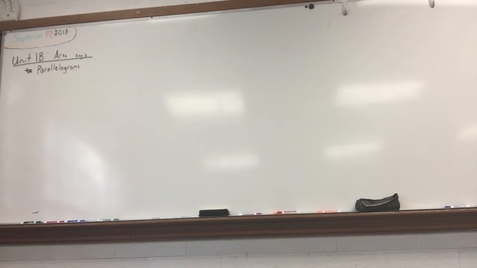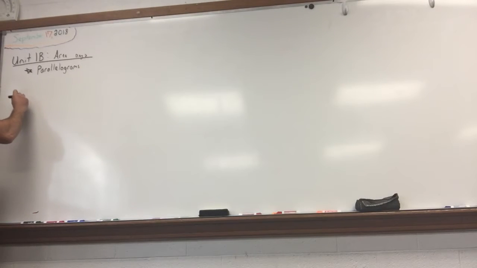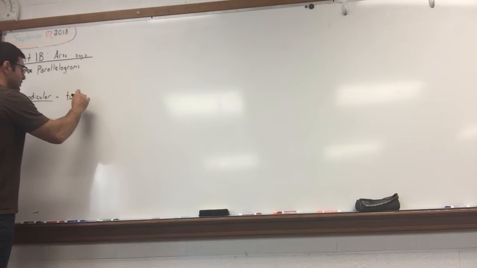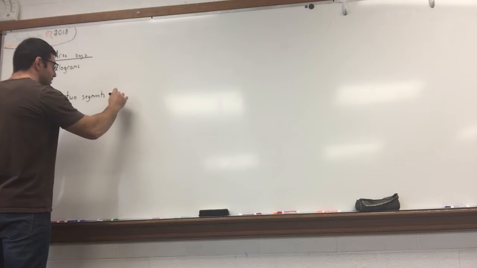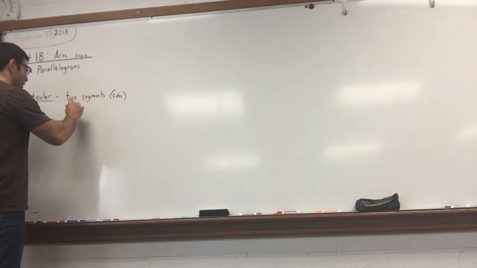So we said on Friday that we knew what the word perpendicular meant. And I'm going to adapt this a little bit for our means today. Perpendicular for area, we're going to say 2 segments, and I'm going to put in parentheses sides, that meet.